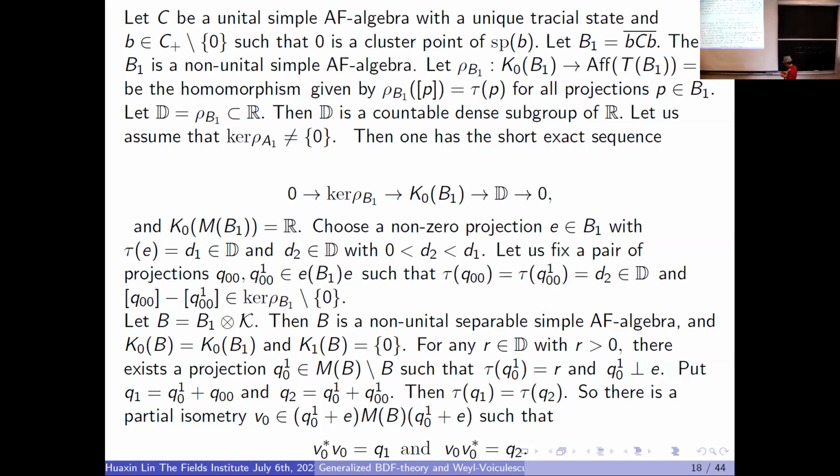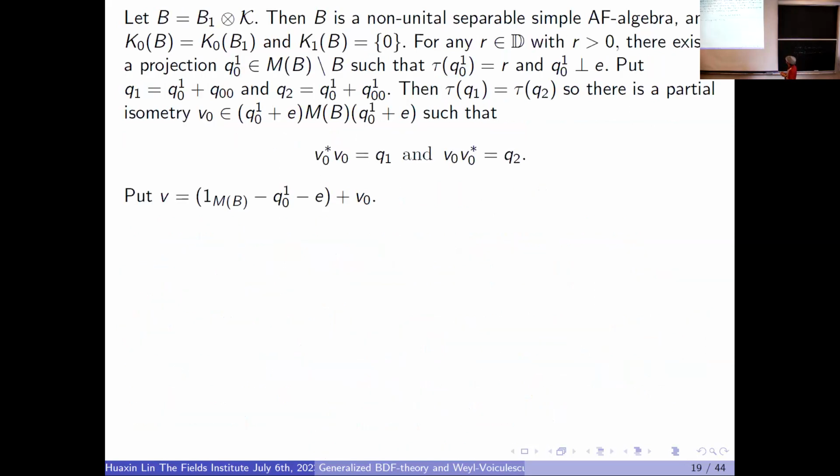But the Kasparov group is defined in terms of extensions in a certain way. But you don't just take the extension, you take some kind of weak equivalence class.